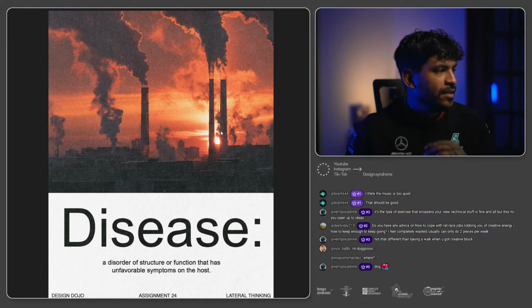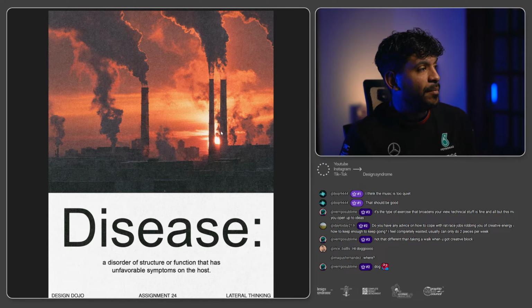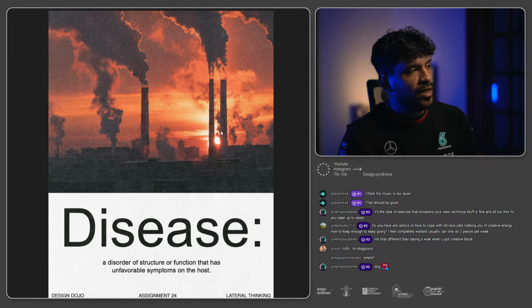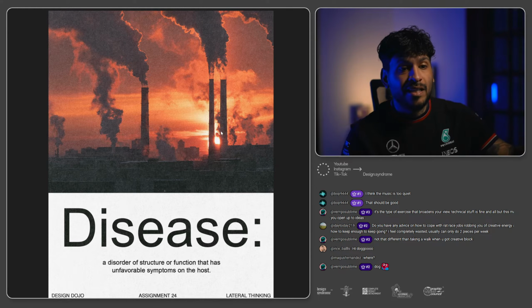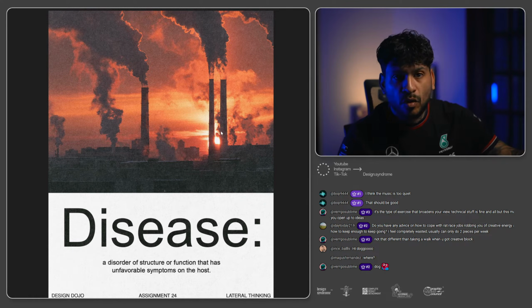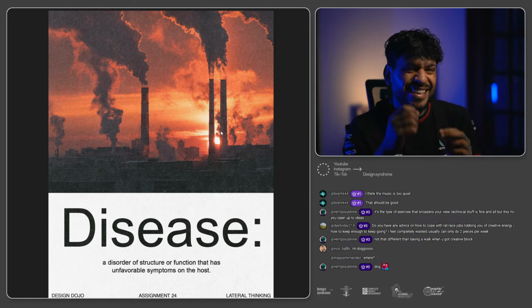So for example, I grabbed disease for this example, and this is a really played out example. I just wanted to grab something so you understood. If I put disease and then an image of a microbe or a bacteria, something that's actually a disease, that's literally linear.